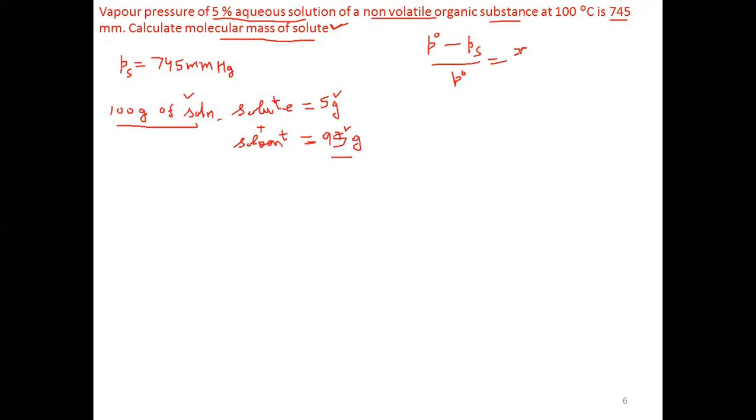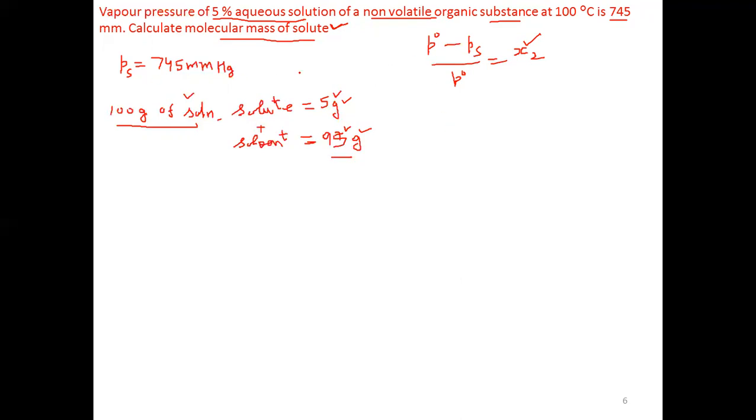So we will use this relation to calculate the molecular weight of solute. Why? Because molecular weight will come from its mole fraction. Now we have weight of solute and weight of solvent, so we can easily calculate the molecular weight of solute.